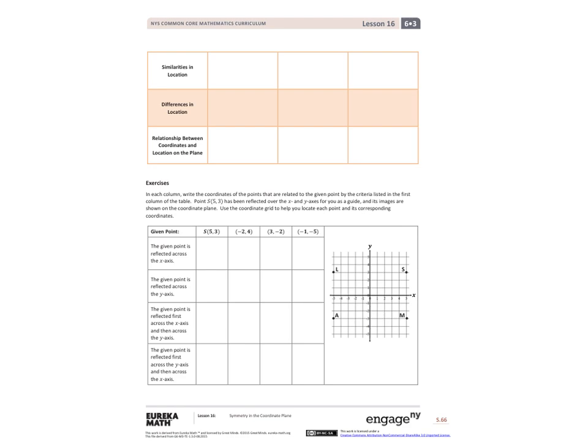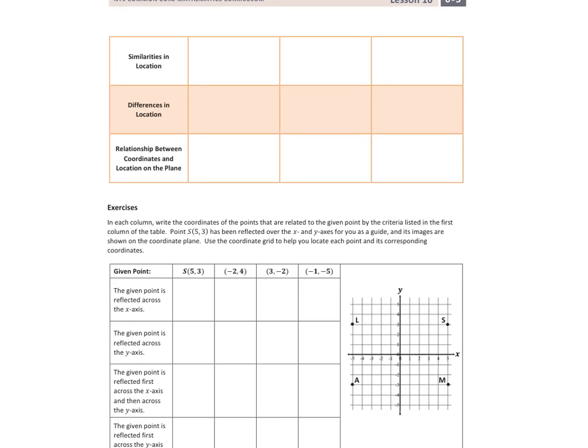Then let's go to the next page. I think part of my chart was on this page, but that's okay. You'd still be looking at your whole page. So the similarities in (3, 4) and (-3, 4): both points are 4 units above the x-axis and 3 units away from the y-axis.